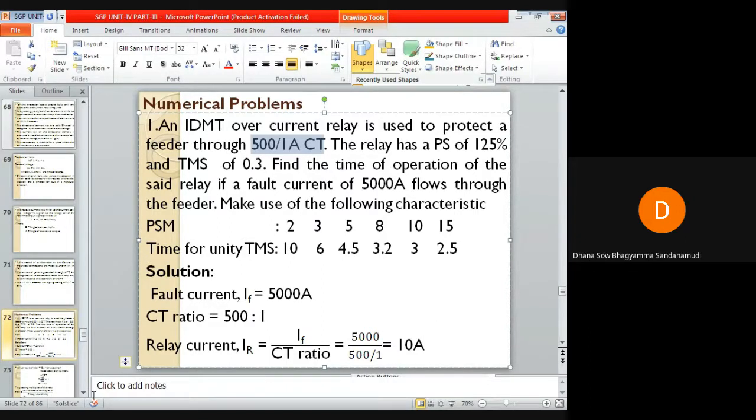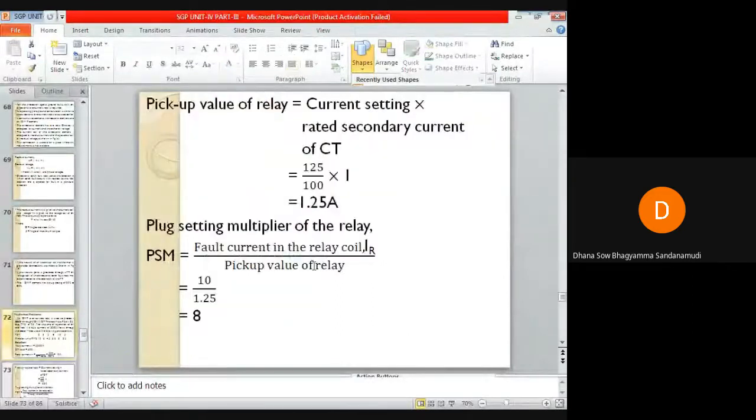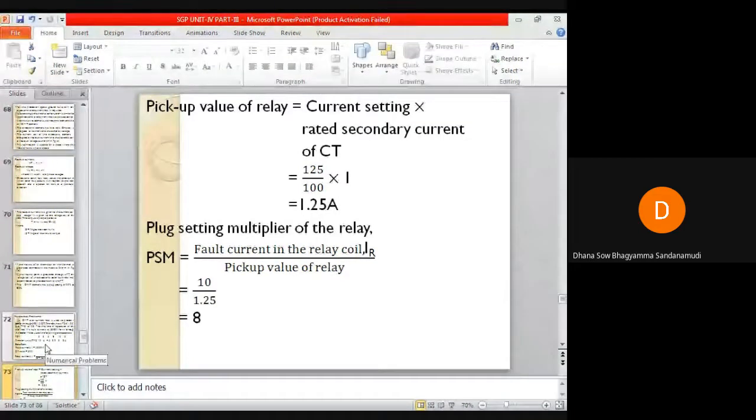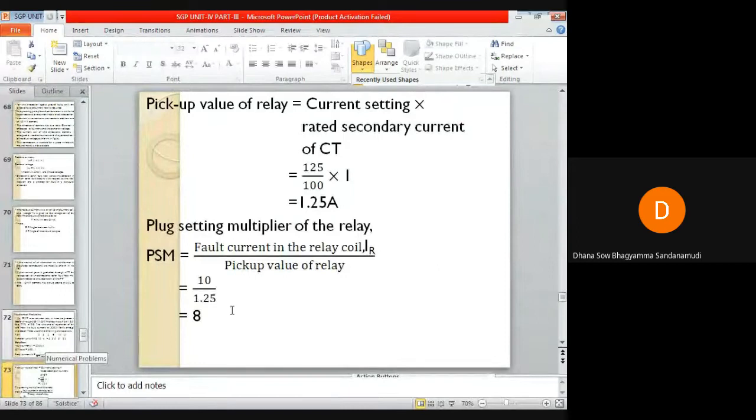Completed. Okay then. Now you know the relay current, that is fault current by CT ratio, which is 10 amperes. Now, the pickup value of the relay is given by current setting into rated secondary current of the CT. What is the current setting value? If you go to your question, a plug setting of 125% is given.